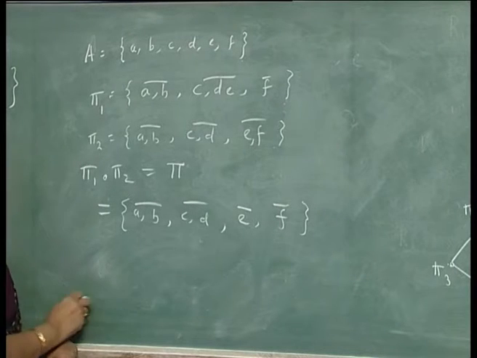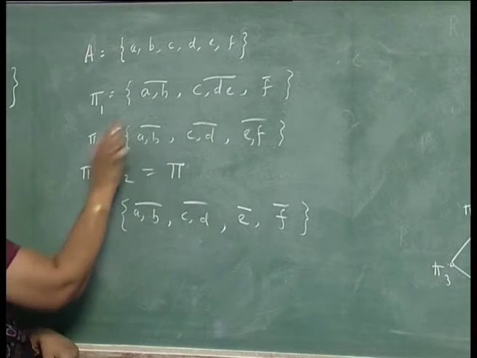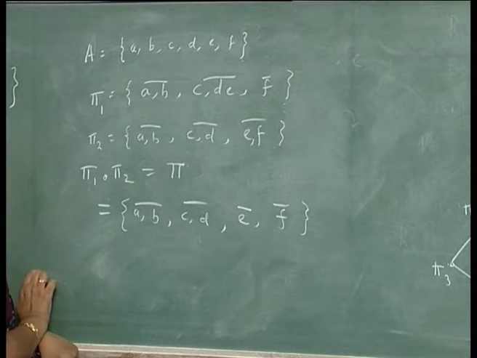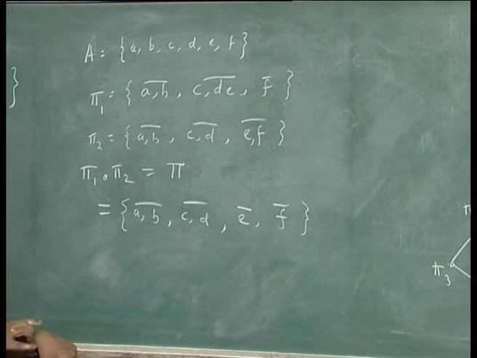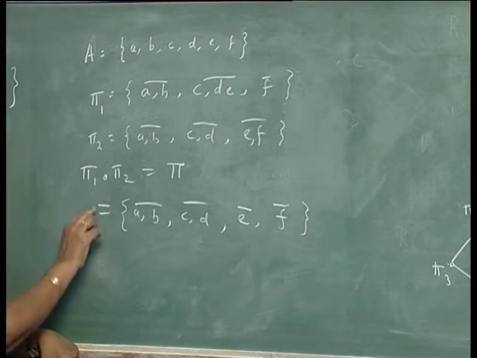Now, you see that this one refines pi 1, since each block is contained in a block of pi 1. This also refines pi 2. So, you see that pi refines both pi 1 and pi 2.